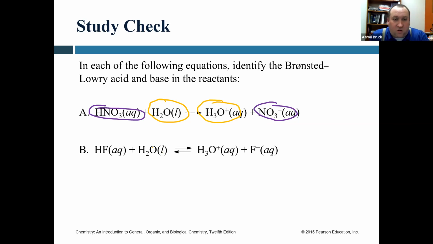Now, to figure out what happened, I need to look at the differences between these two. So for the water, we can see that we went from H2O to H3O plus. We added a hydrogen and we added a +1 charge. Adding a H plus, proton acceptance, is a base quality.